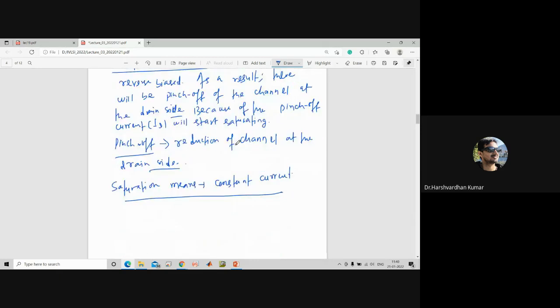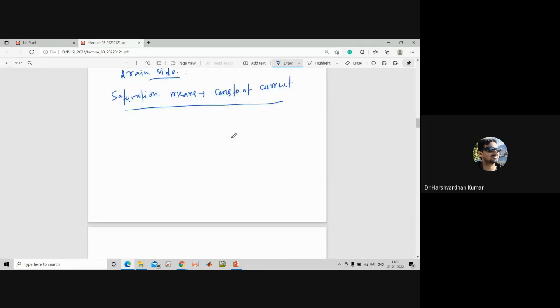So let us draw the diagram so that you can understand what is pinch off. The diagram of the MOSFET under the pinch off will be, so when will the pinch off occur? When the VDS is very large, right? So let us draw.